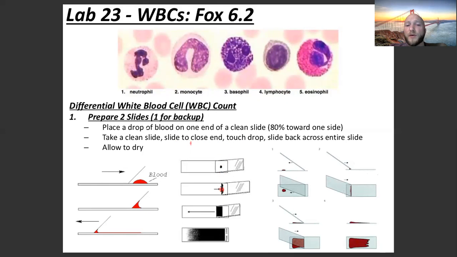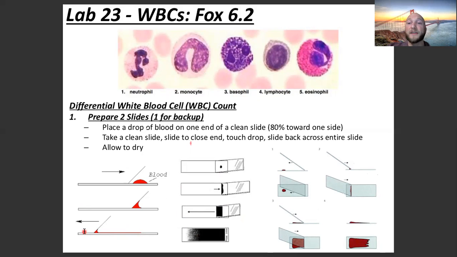We are then going to push it the long direction across the other slide. Sorry, I just said cover slip, but it's actually another slide. And what we're going to get is a smear of blood across the slide.